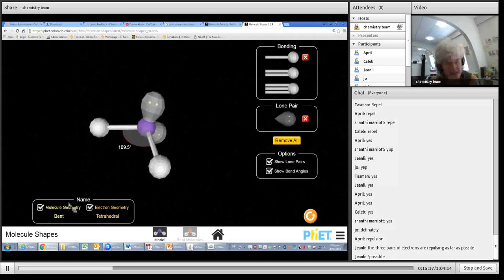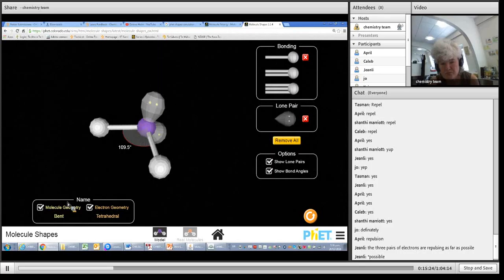So this is a favorite question that comes up in the exams. They'll say SO2 is bent and H2O is bent, but one has a bond angle of 120 and the other one has a bond angle of 109. Why?